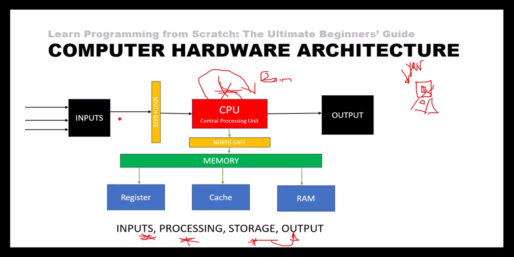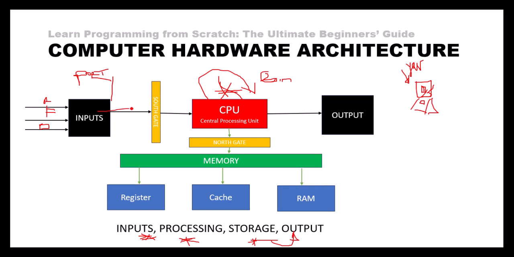The south gate is where input comes from. The south gate is connected to peripheral devices. These are the ports in a computer where you can insert an HDMI cable, a flash drive, or an external hard drive. Maybe a hard drive here, maybe a flash drive here, maybe a disk here, or whatever input you want, but the information is coming from outside the computer.